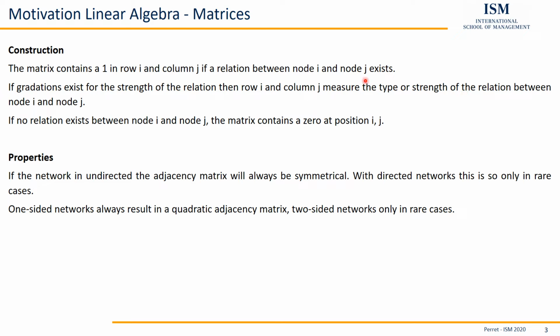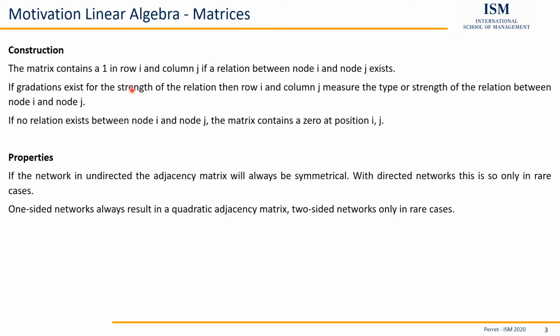However, usually the matrix can only take a single value, so you can go with the type of relation, which means only one type per relation, but you cannot have that they are friends and they are colleagues. This would be a multi-value case. This cannot easily be represented in a single matrix.